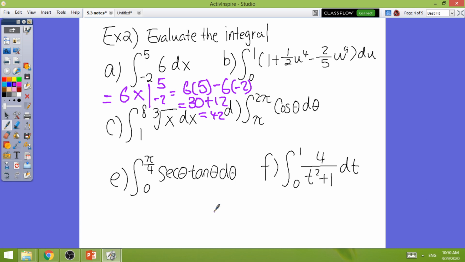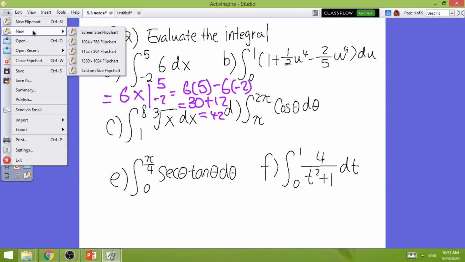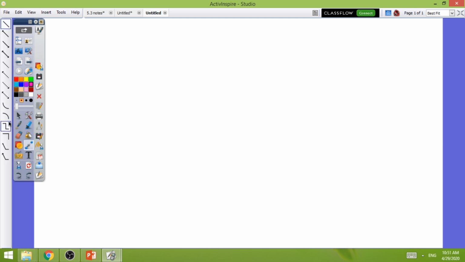Okay, so now going back to the first one, the integral from -2 to 5 where the integrand is 6. Let me show you the graph analysis. Let's say we have a graph for the integrand, so we need the x-axis.